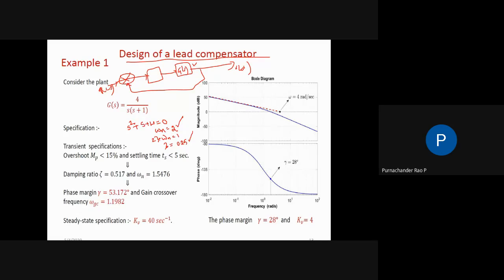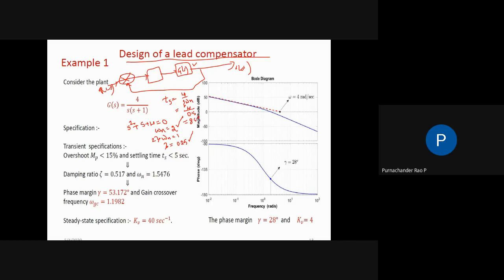Now, for this system, what is the settling time Ts? Ts is equal to 4 by zeta omega n, which is 4 divided by (0.25 into 2). 0.25 into 2 is 0.5, and 4 divided by 0.5 is 8 seconds.